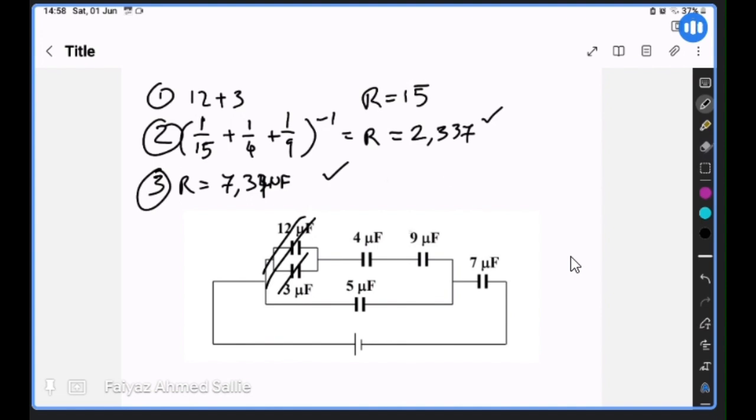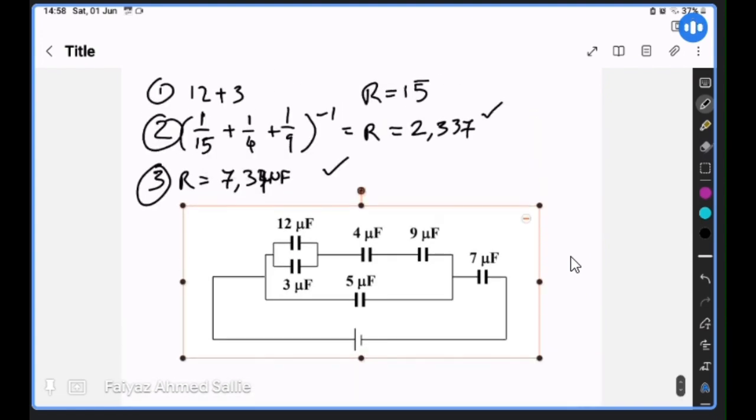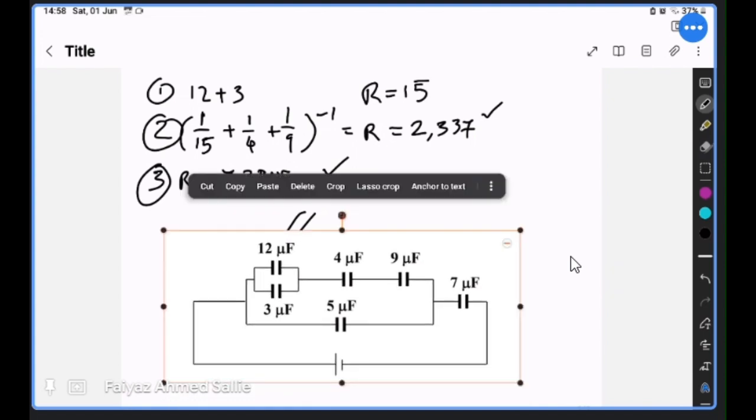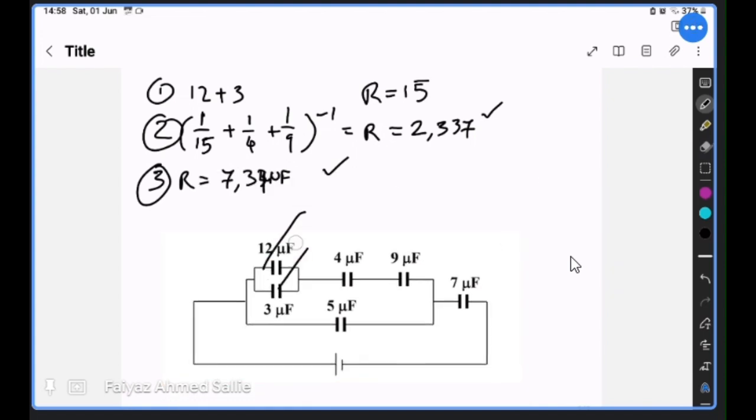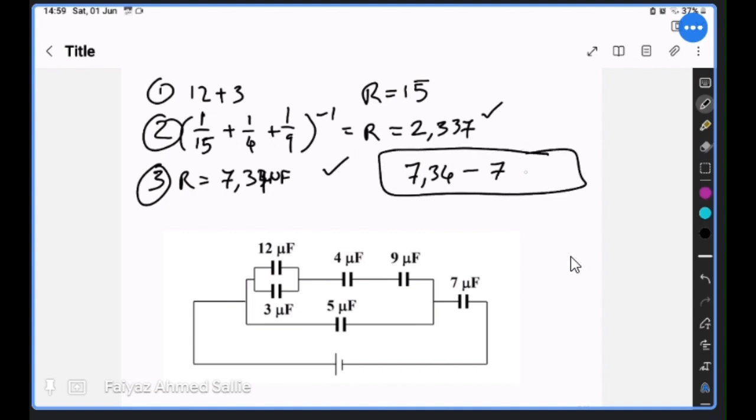So now let's move this a bit down. We see that the 7.34 and the 7 are in series with each other. So for capacitors, when they are in series, we're going to do the opposite to what we did for resistors.